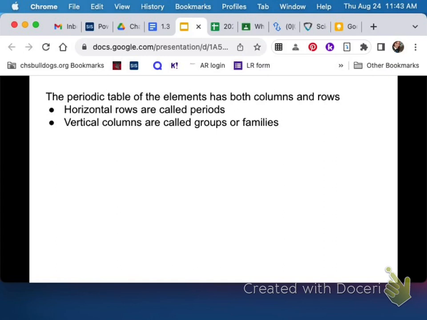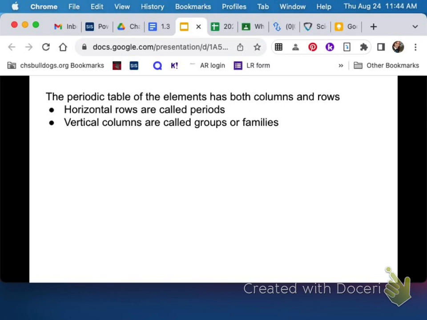Elements that are in the same column, the same family or group, share similar chemical properties. So for example, all of the elements in this column, the very last column up and down, are relatively unreactive, meaning you can mix them with other chemicals, and they just generally won't react with them.